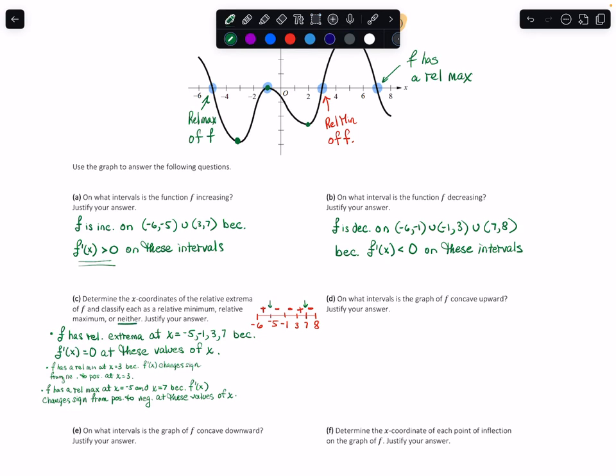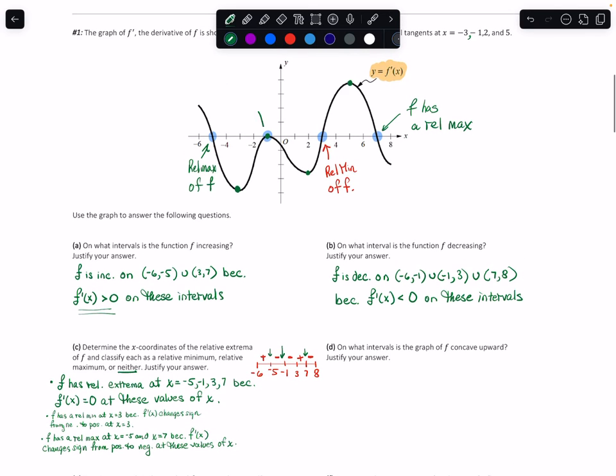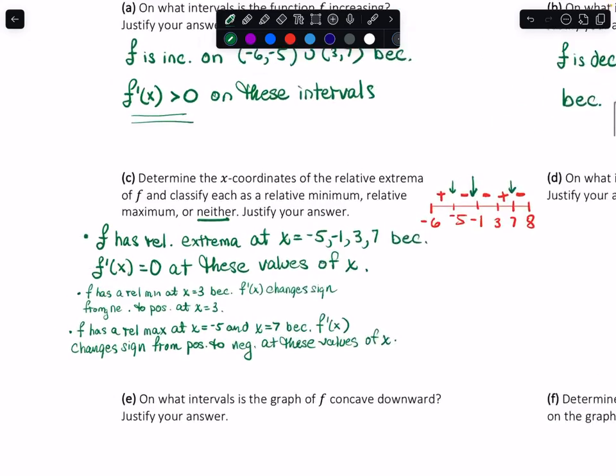Is there a place where the derivative was 0, but the signs do not change? Yeah, at -1. So this is neither a relative min nor a relative max of f. And I have to say that, unfortunately. So I'm going to squeeze it in here.